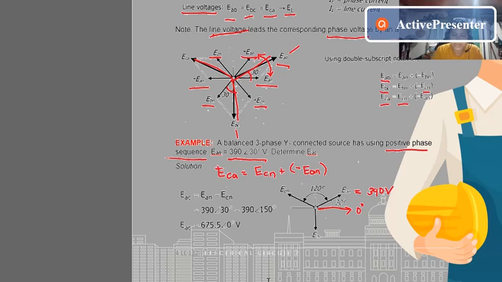And our ECN, from 30, since positive, plus atong 120 degrees. So, therefore, 150 degrees.